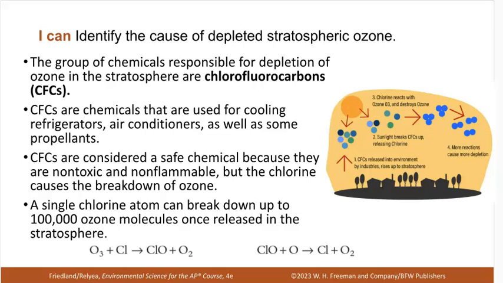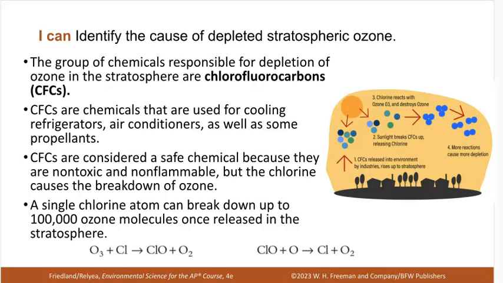CFCs were used in the past up until they were banned a couple of decades ago. They were used in cooling, so anything that needs to be cold, like refrigerators, air conditioners, some propellants like spray paint cans, etc. And they were considered super safe because they're non-toxic, non-flammable.